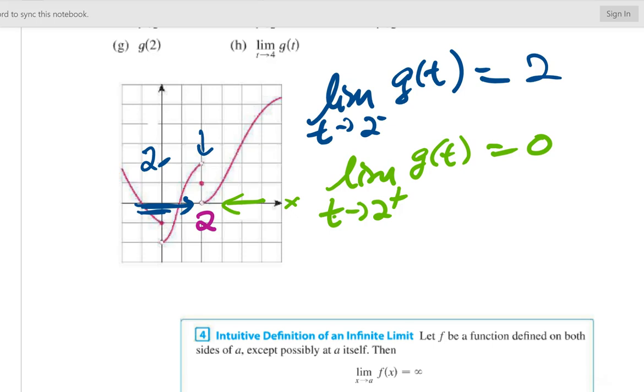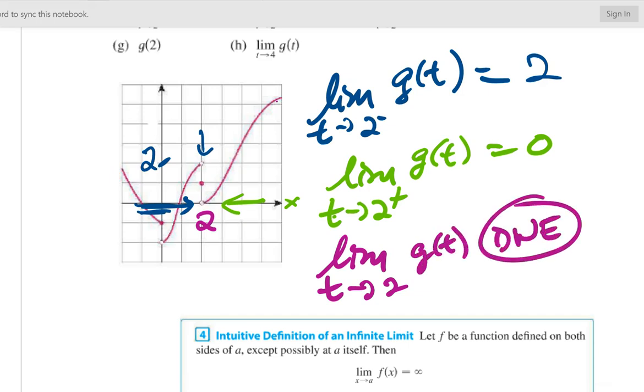Normally, if there's a break in the graph, and you have to lift your pencil off the graph to keep going, the limit won't exist. It just depends. If it's just at a point, though, that's different. So here the limit as t goes to 2 of g of t does not exist.